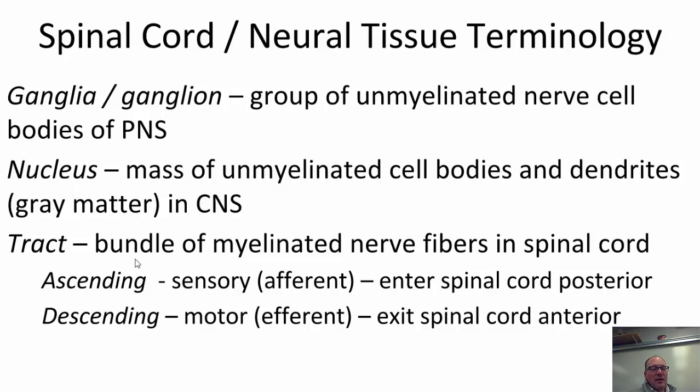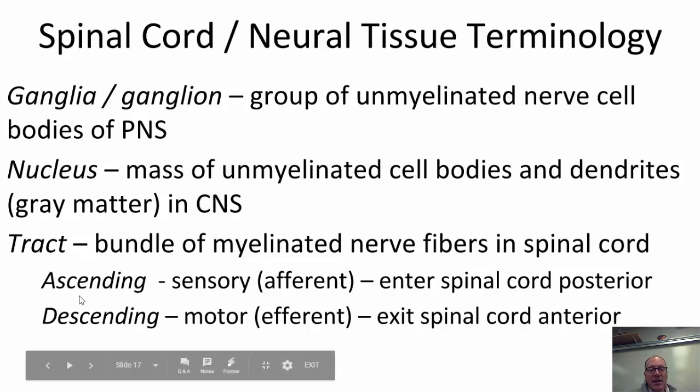So you've got many nerves sort of bundled together in what's called a tract. And the ascending ones, of course, that's signaling back up to the brain, so that's sensory. And descending ones coming from the brain, so that's going to be motor or efferent signaling. Okay? And then, of course, you should correlate posterior and anterior, the location of those nerve roots or nerve rootlets, with that signaling pathway direction.